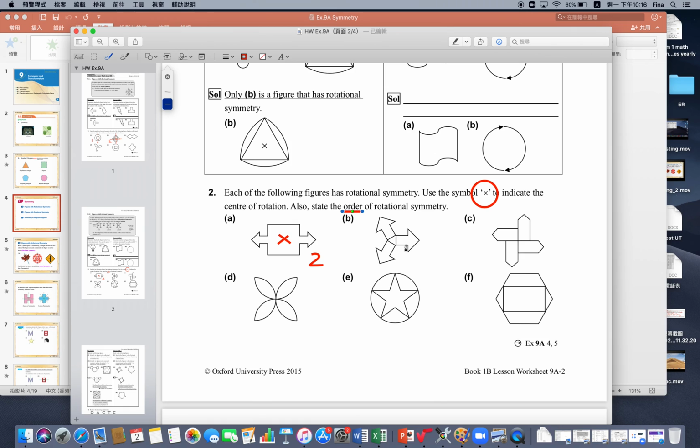And then for part B, do the same. Mark the cross here. I think the cross should be here. And then when you rotate this figure, the order of rotational symmetry should be 3. Just do it like this. And then I think you can try the rest. Okay?